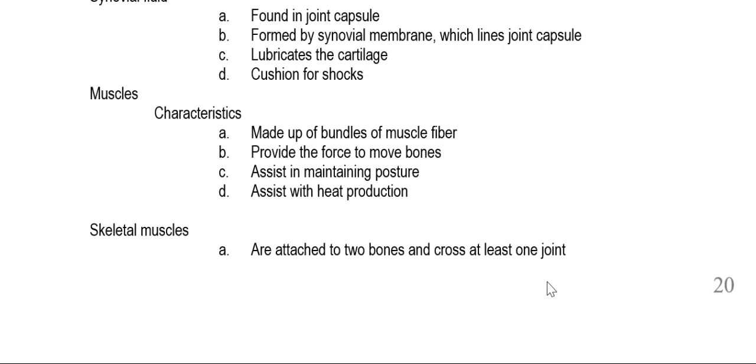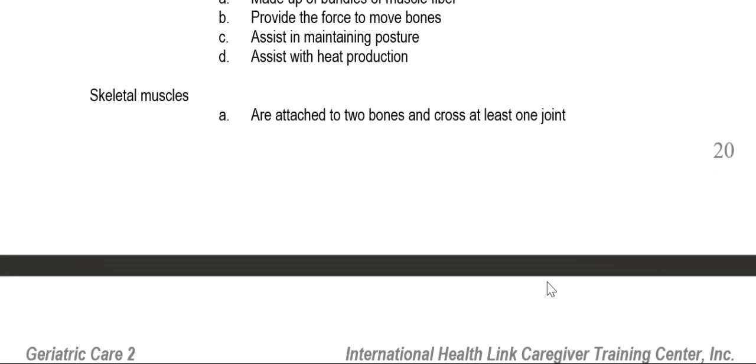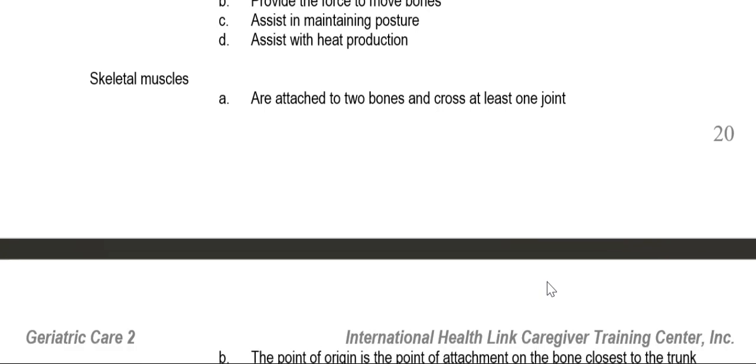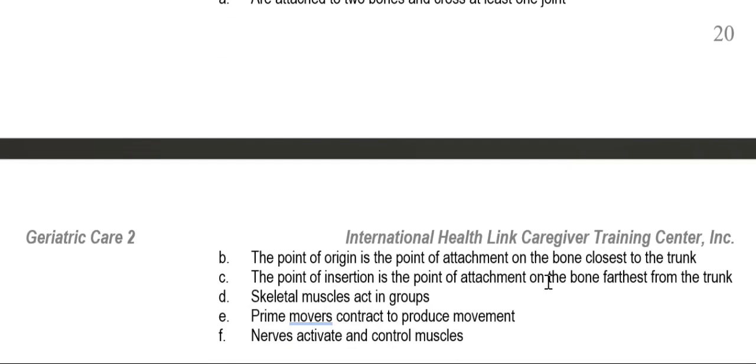Characteristics: they are made up of bundles of muscle fibers and provide force to move bones, yes, and assist in maintaining posture and assist with heat production, 'di ba? Heat energy production. And your skeletal muscles are attached to two bones and cross at least one joint.